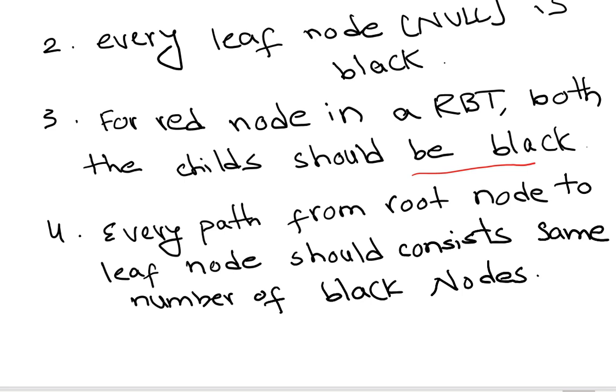It says that no consecutive red color should be there, but consecutive black color can exist in the red-black tree. No two consecutive red colors should exist. And every path from root node to leaf node should consist of the same number of black nodes. Then this is called a red-black tree.